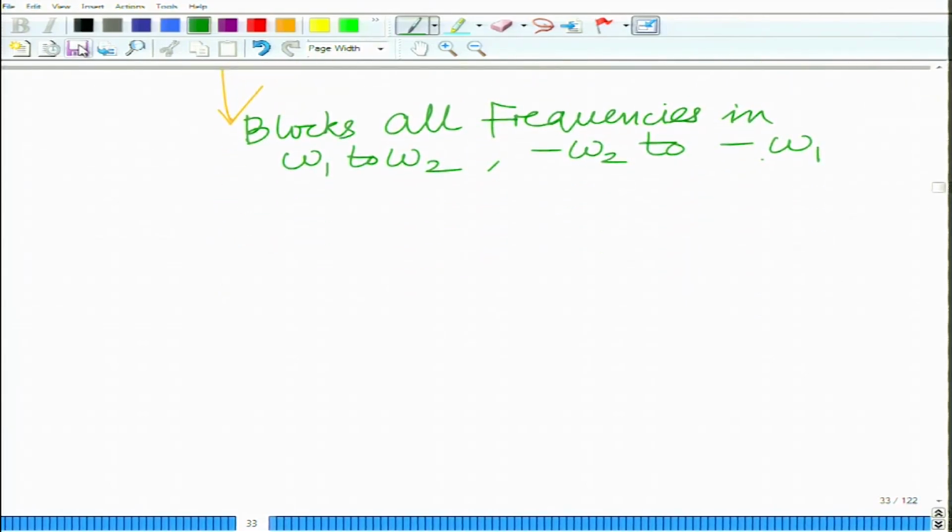And further, we have only talked about the magnitude response, but we have not talked about the phase response. But we know that for a distortionless response, the phase response has to be linear. Okay.